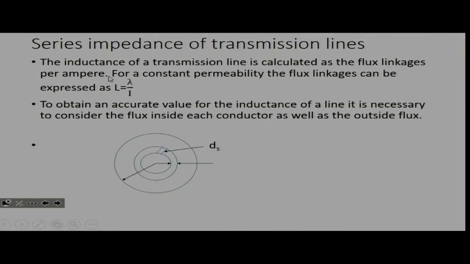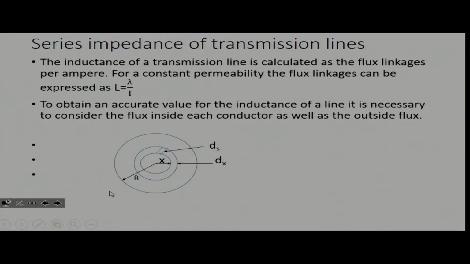Now let's look at this drawing. We have a conductor there, and the radius is r, and at a certain distance away from it there's a small annular circle with a thickness of dx and a small area ds.